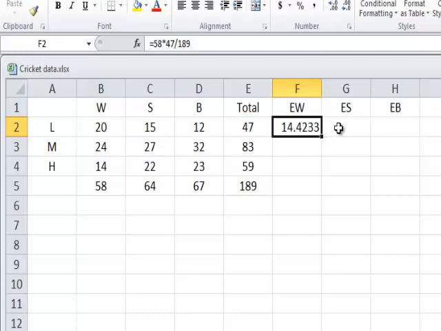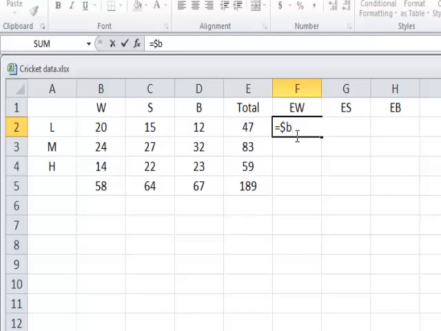Now let me see. There's a way to do this. Let me try to do it cleverly now. There's a way to do this so that it will remain the same as I go down. So as I go down this, I want to keep the... So I will write this as $B and 5.